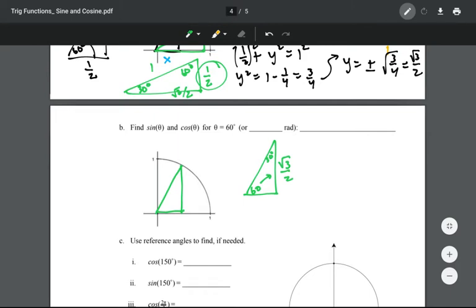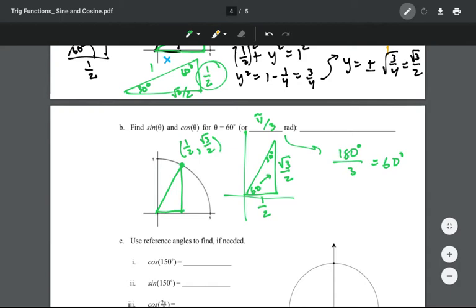The side opposite that one is going to be the shorter side, or 1/2. So as I put this onto the unit circle, my x coordinate is 1/2. My y coordinate is radical 3/2. So 60 degrees is going to be pi thirds. Remember, pi is 180. So just a good review there. That'd be 180 divided by 3, or 60 degrees.